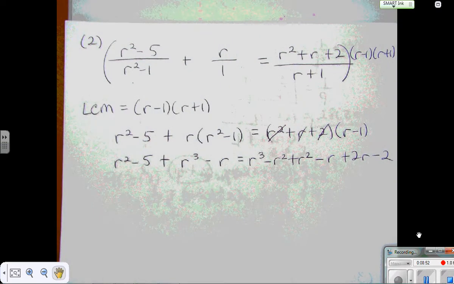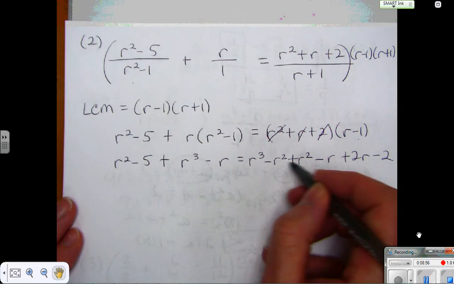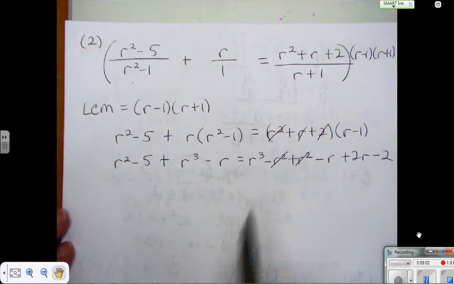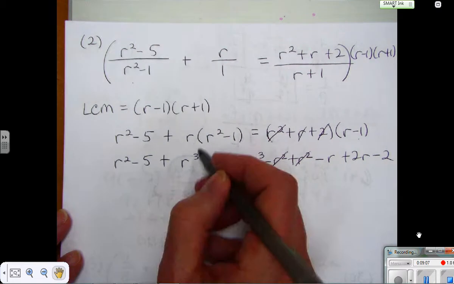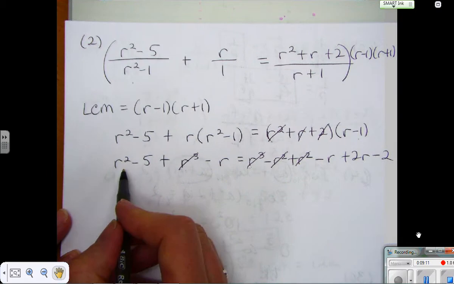So now I just need to collect my like terms. On the right side, I have these R squareds that are going to add to be 0. And when I subtract the R to the third to bring it over to combine with the other one, that adds to be 0. Okay, so I just have the R squared.